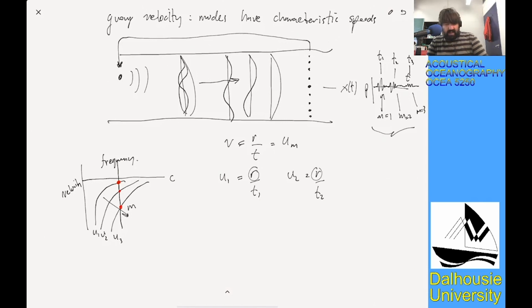But if you have an array, you can actually do something called mode filtering. Basically, you're looking for the arrivals on this array that have the pressure distribution of the modes. Mode 1 will have the largest signal at the center element, and a smaller signal at the top.